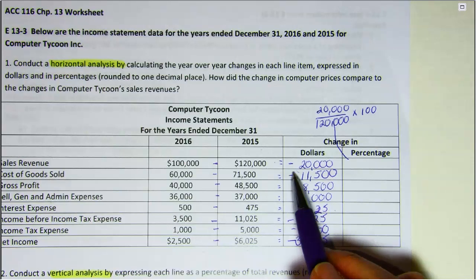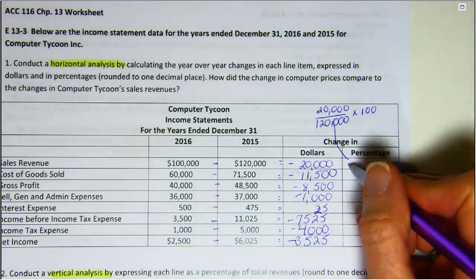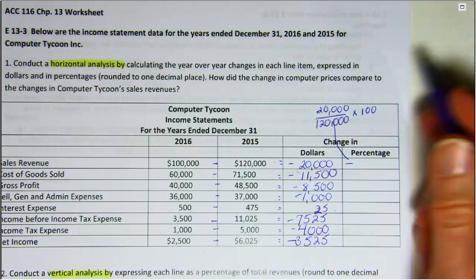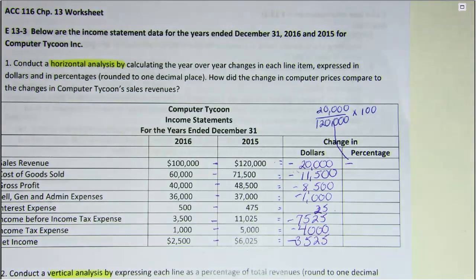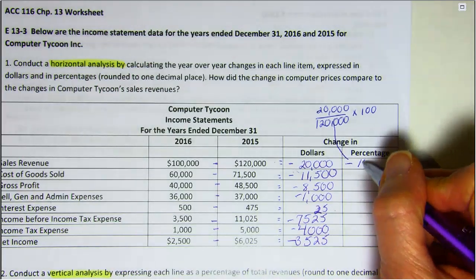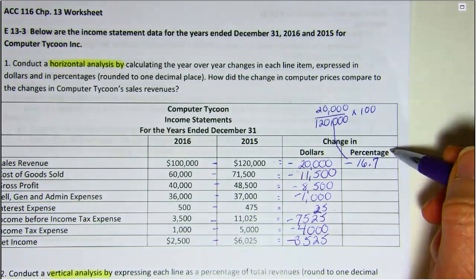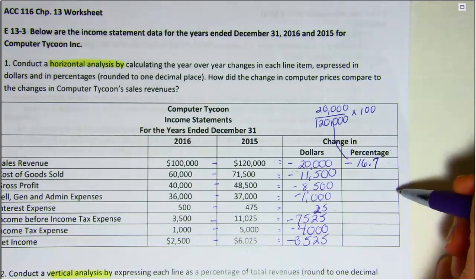And if there's been a decrease in dollars, we also have to show it as a decrease in percent. So after we do this, we then round it to one decimal place, so that becomes 16.7%. And because we have the word percentage here, we won't bother putting the percents on each line.